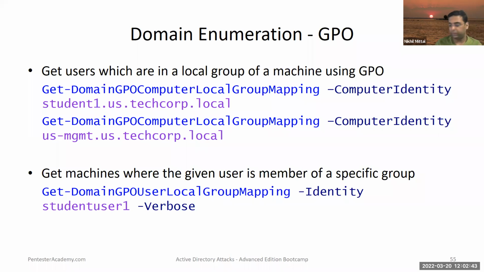So what we are doing right now is simply trying to understand what can be potentially abused. We are still in the enumeration phase. We are not going to abuse any misconfiguration that we encounter right now. We are simply gathering information on what can be done.